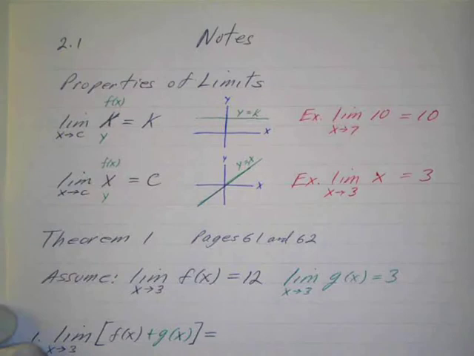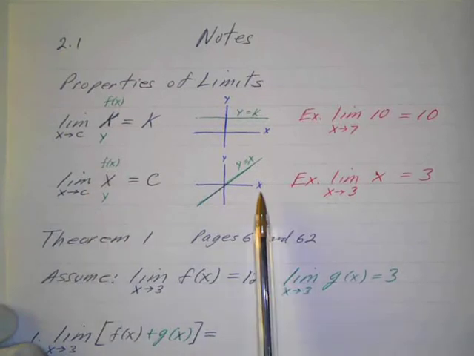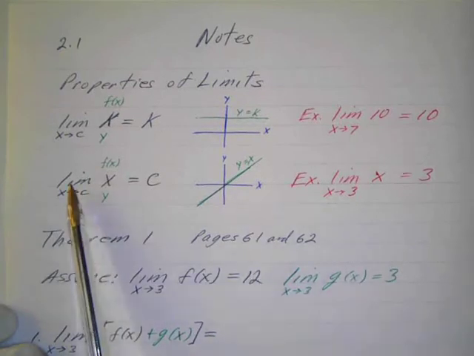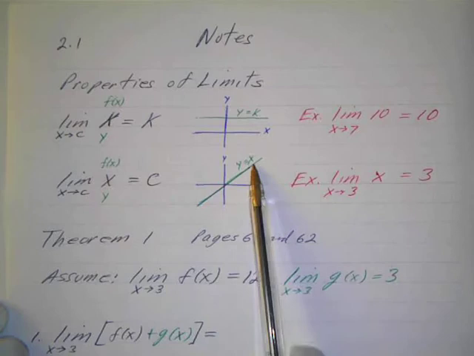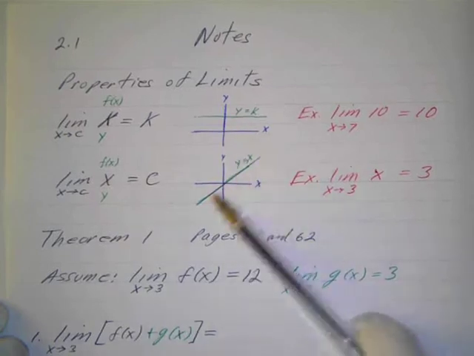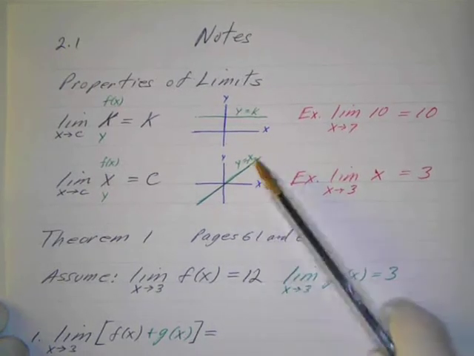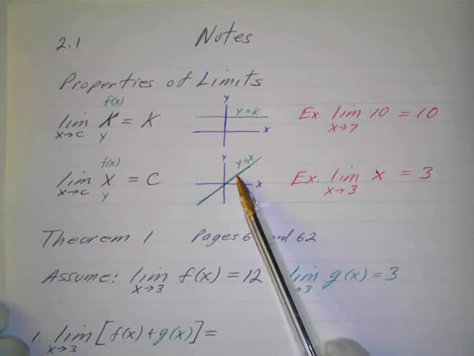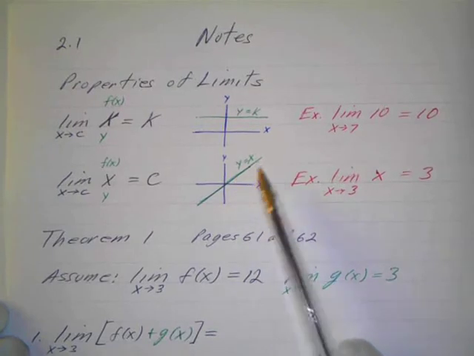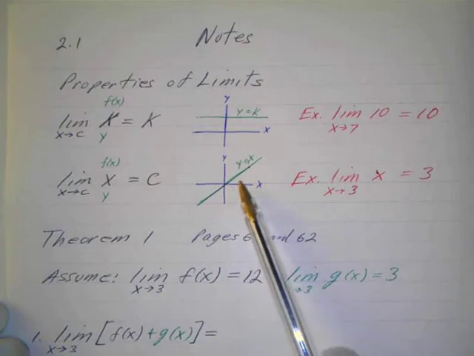And the value is always the same. Okay? And then we had the other basic property, the limit as x approaches c of x. Now again, this is the function f of x or y, so if we graphed y equals x, just like we graphed y equals k, we'd get the diagonal line, which is the identity function. In other words, the point (1, 1) is on the curve, (2, 2), (3, 3), (4, 4), whatever.